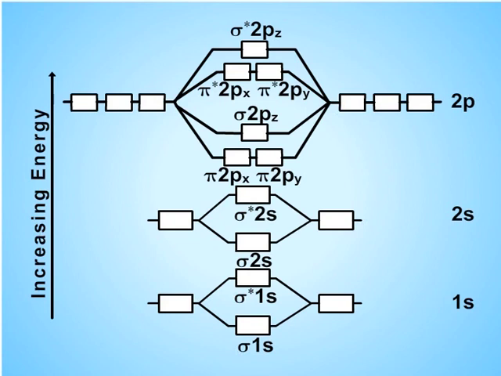Bonding molecular orbitals are sigma 2s, sigma 2pz, pi 2px, pi 2py. Antibonding molecular orbitals are sigma star 2s, sigma star 2pz, pi star 2px, pi star 2py.